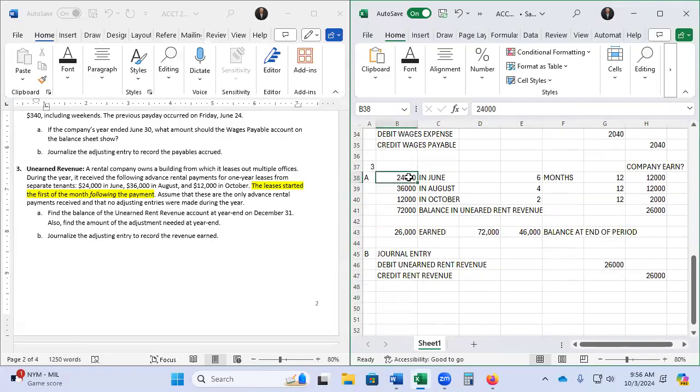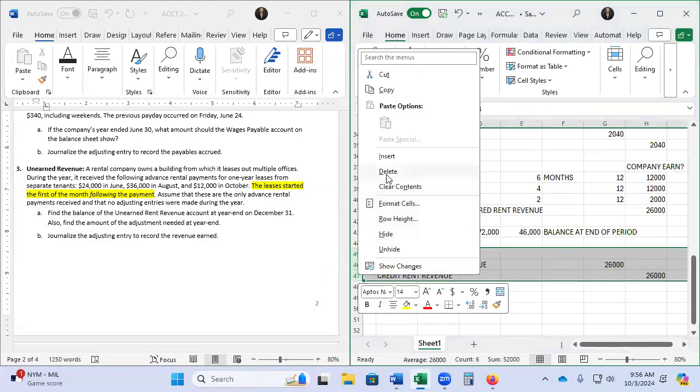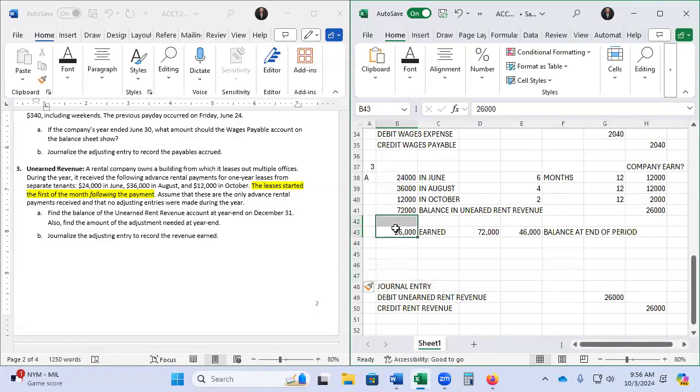First part B one more time. Yeah, when we talk about the 6 months, finding the 26,000. Okay, so it says the leases started the first month of the following payment.